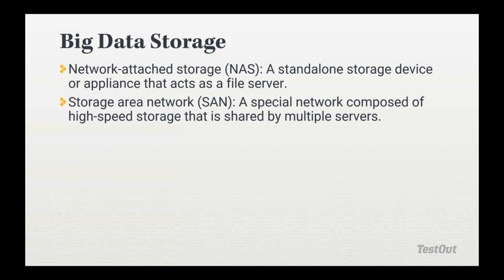The storage area network is a special network composed of high-speed storage. It's going to be shared by multiple servers. It's typically a separate network that only file servers are attached to. The security for a SAN is provided by using logical unit number masking, which identifies devices that are allowed to attach to a logical unit.